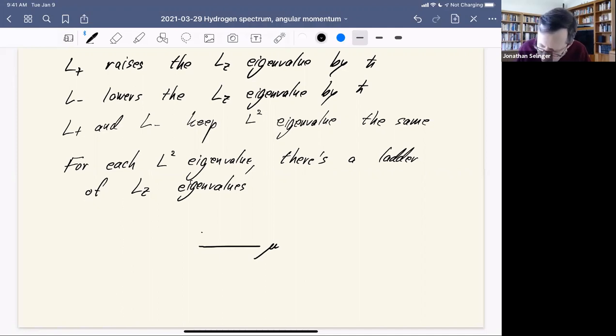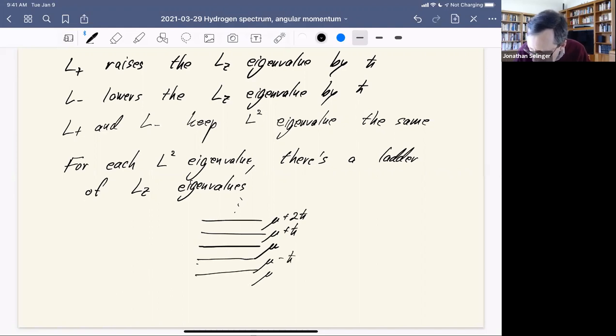And we can raise it to mu plus h bar, mu plus 2h bar, etc. Or we can lower it to mu minus h bar, mu minus 2h bar, etc. All of this goes with the L squared eigenvalue of lambda. The whole ladder goes with the L squared eigenvalue lambda.